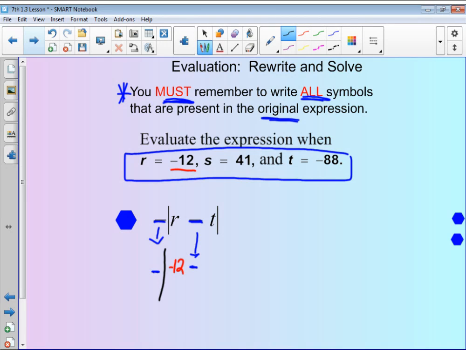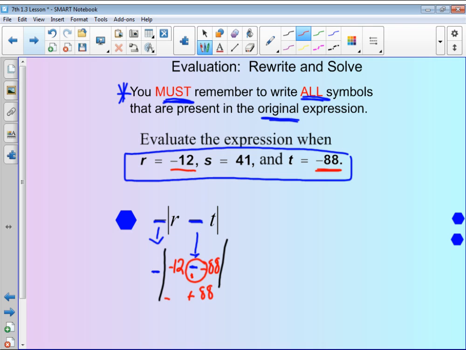I'm going to write those really quick so I don't forget about them. T is worth -88. Take note, I kept this original negative. I did not get rid of it just because that 88 had a negative sign. Now I'm going to go through and simplify. When I simplify, I see a double negative right here, which becomes plus.